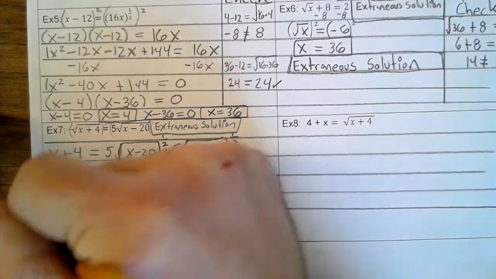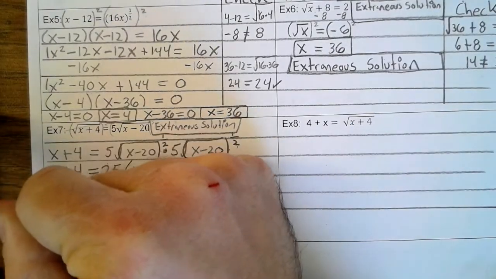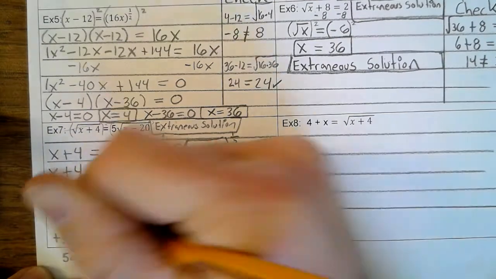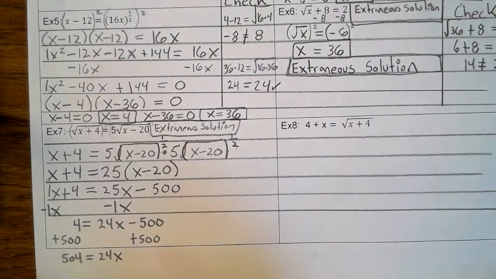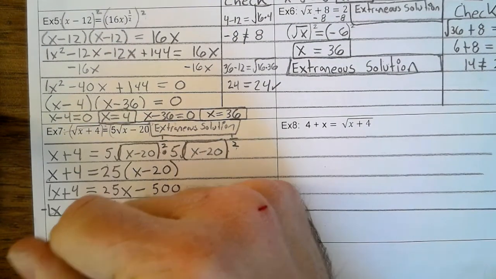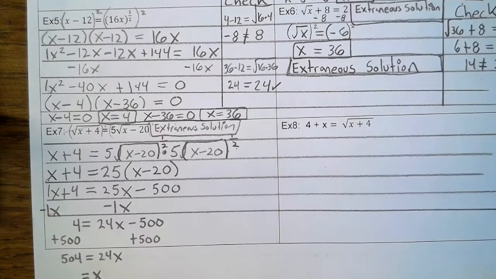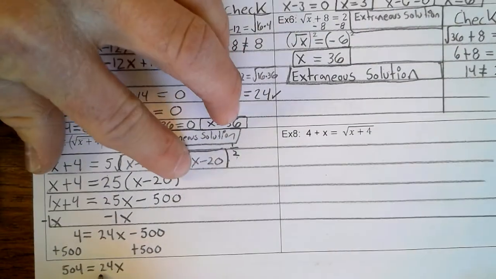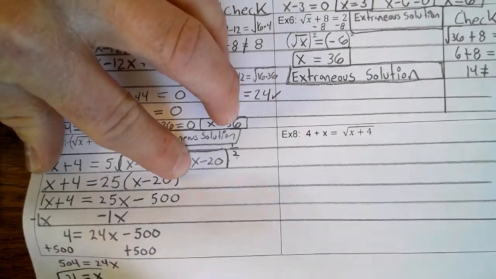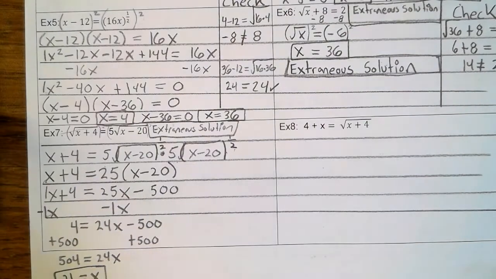Divide both sides by 24. x equals 21. All right, and so then you want to check.